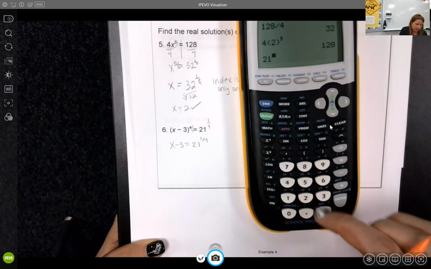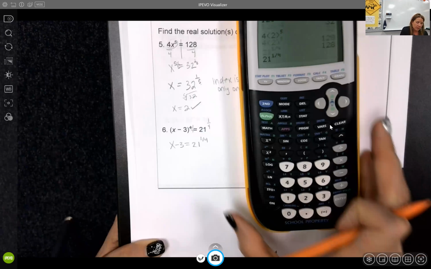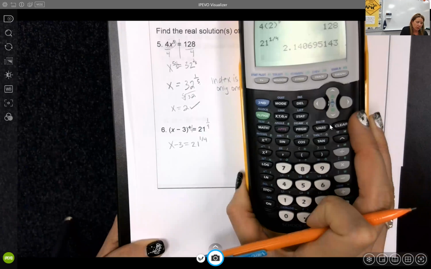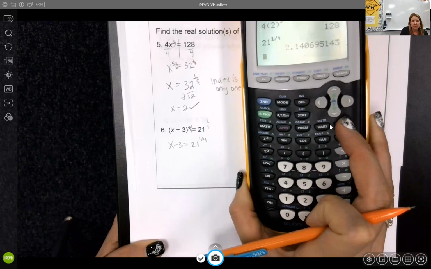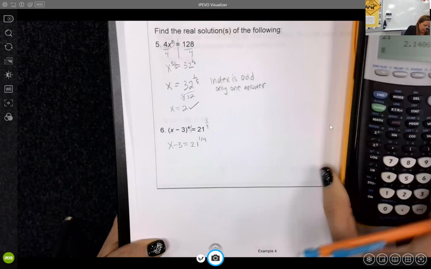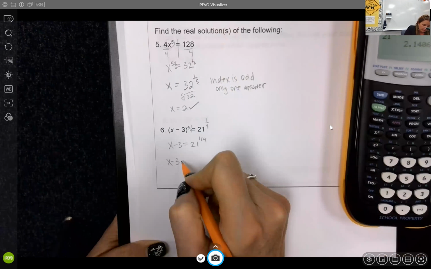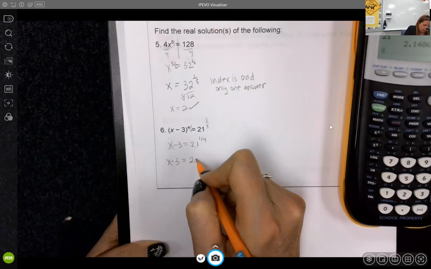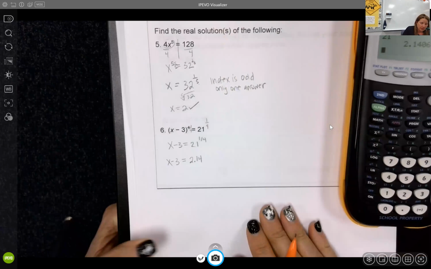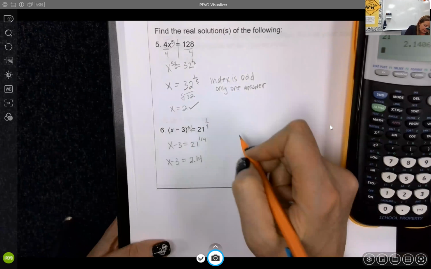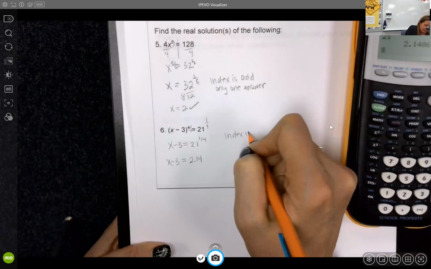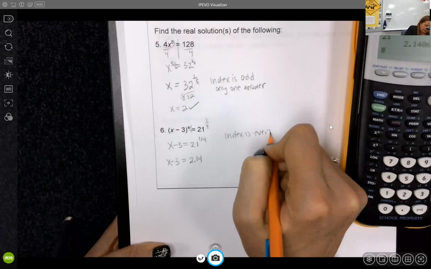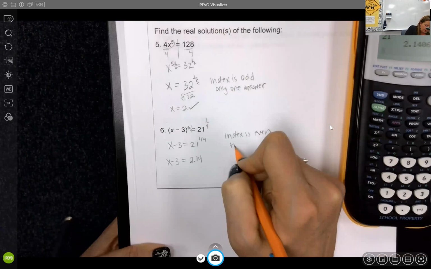So I'm going to do 1/4 like this. It's going to tell me 2.14, and we're just going to keep it at that, minus 2.14 like this, okay? So notice that the index is even. So there's going to be 2 answers.